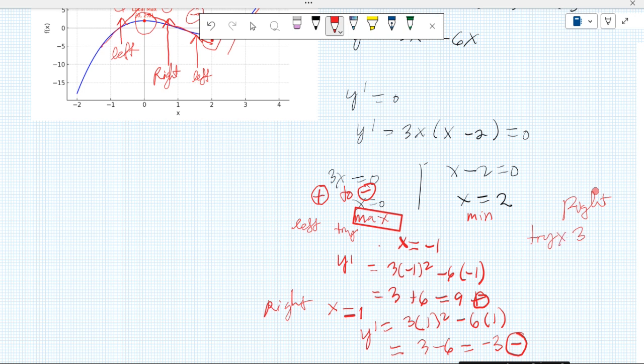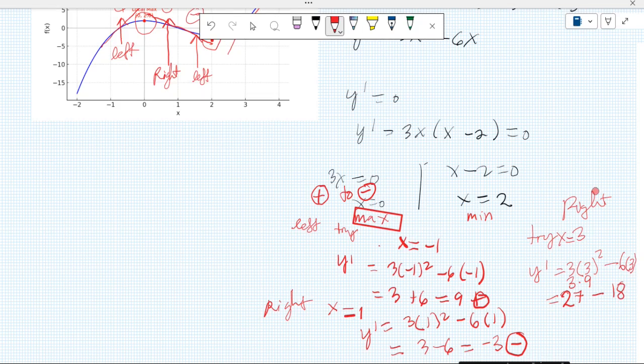x equals 3. Therefore y prime is 3 multiplied by 3^2 minus 6 multiplied by 3, and we have something like 27 minus 18.